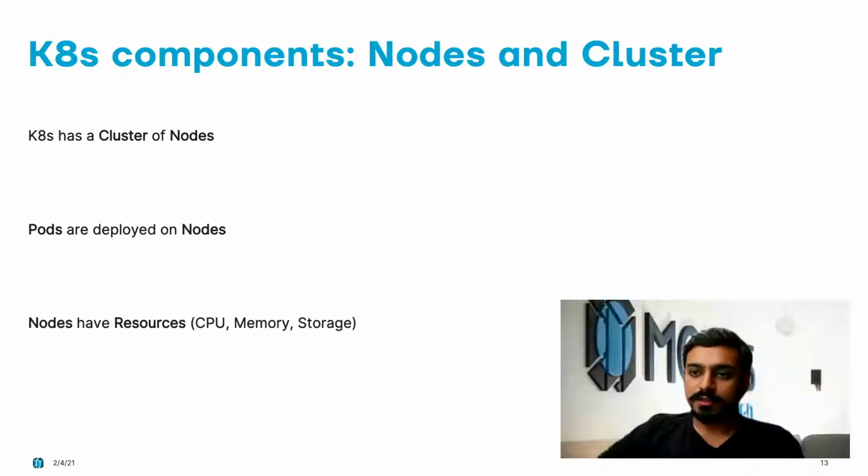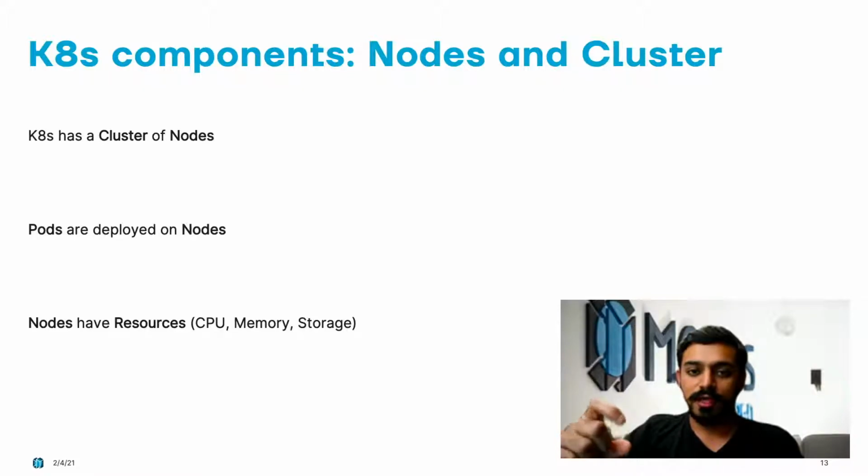Nodes and cluster. So what is a node? A node can be considered as an entity which has all the resources. For example, we can say it is a physical device, a physical server. But we can also say that a virtual machine is a node, because a virtual machine can have resources.